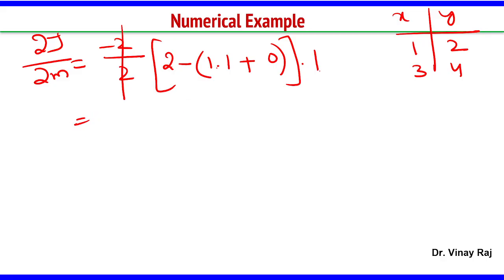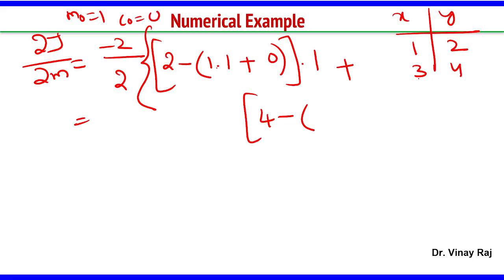No, sorry, this is for one data point. We have to do it for multiple data points. So this is one case, plus the second data point. So what is that? 4 minus again m naught into xi. The m naught value is assumed to be 1. C naught is 0. So m naught 1 into 3 plus c naught 0 into 3. Why is this 3?